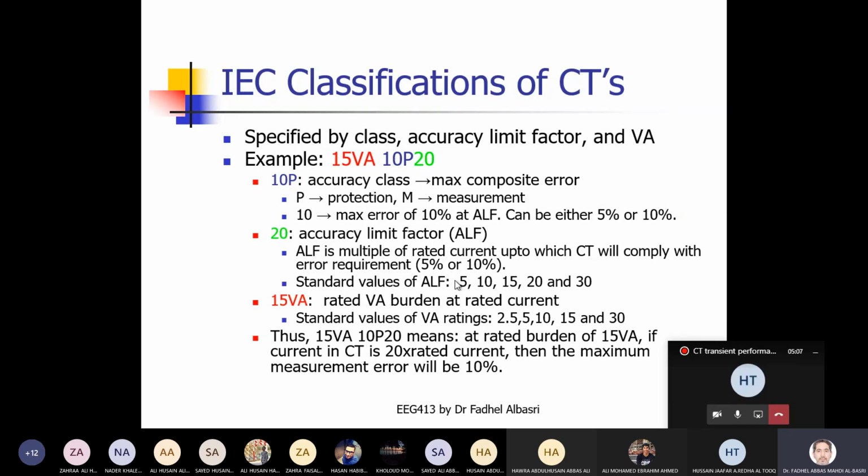As I mentioned before, what does that mean for this CT? It means if you put a burden of 15 volt ampere at the secondary of this CT as a load, and the current in the load is 20 times the rated current, which in this case is 5 or 1, then the error will not exceed 10%. That's what it means.